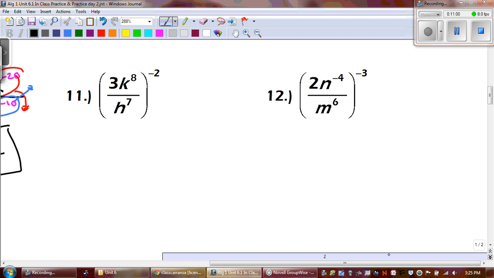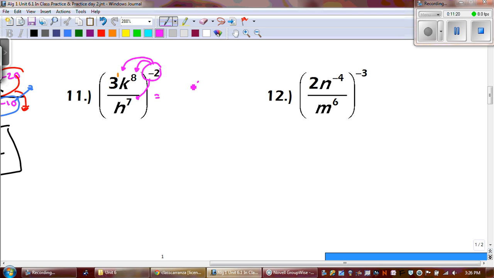All right, we're just doing a couple more. So remember that everything inside has an exponent, and we need to distribute to everything. So when we rewrite this, okay, we have the 3, the k, and the h. All of those get new exponents.